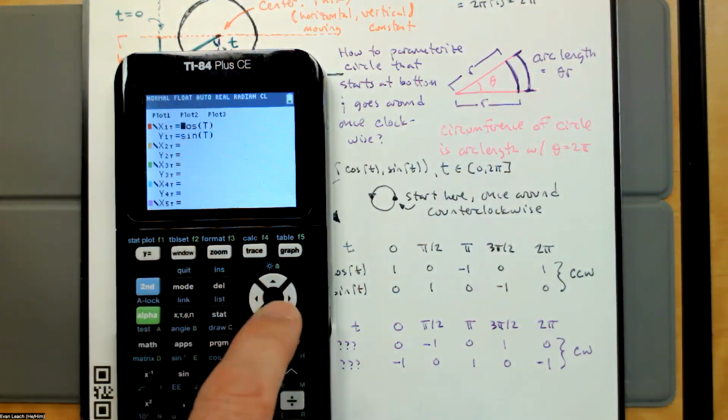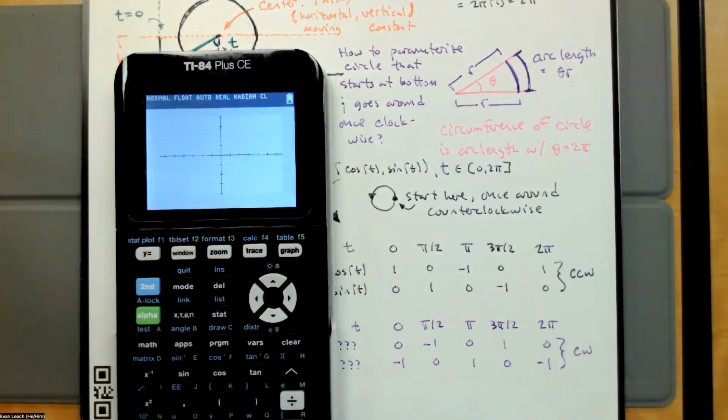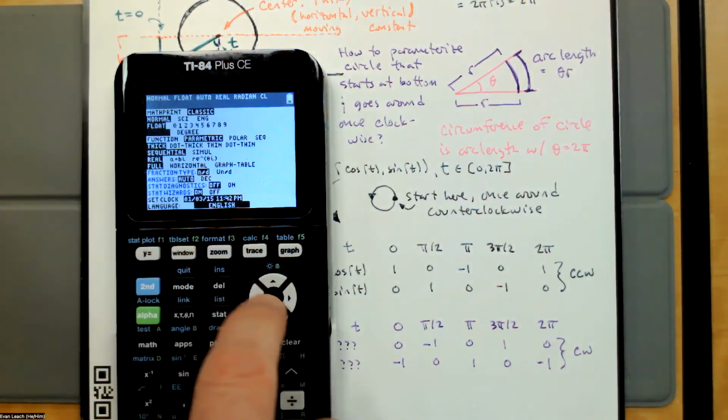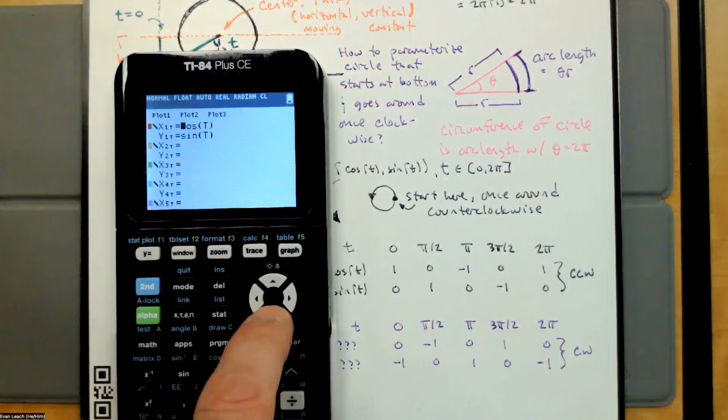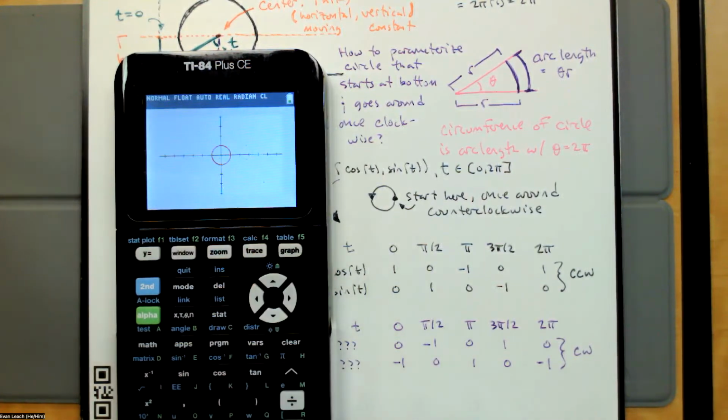So if I have cosine of t and sine of t, there we go. Cosine of t and sine of t starts off over on the right point and then goes counterclockwise. So we don't want it to start off on the right, and we don't want it to go counterclockwise. We want to make it turn the other direction.